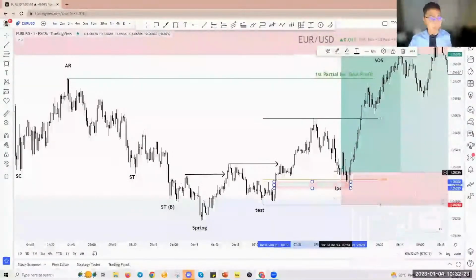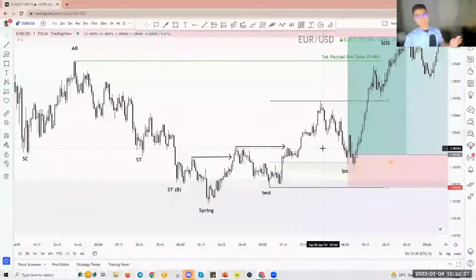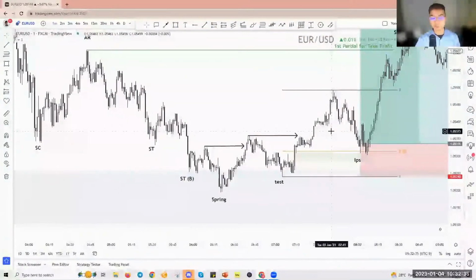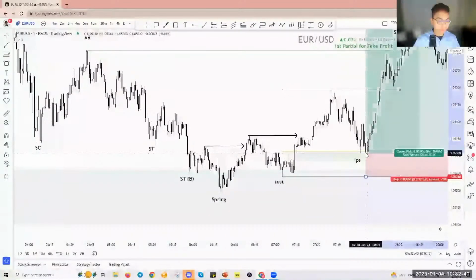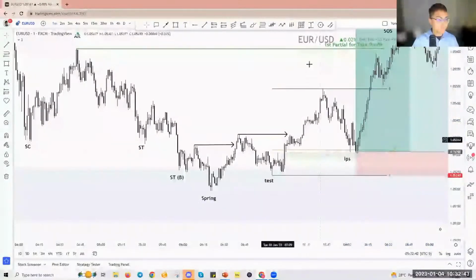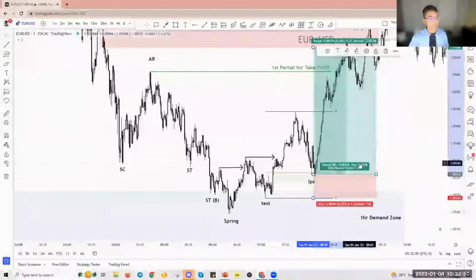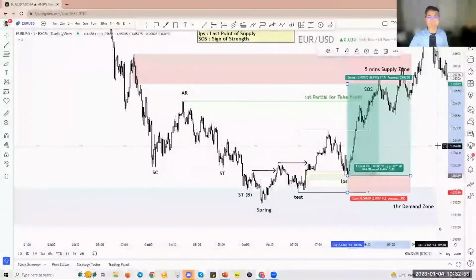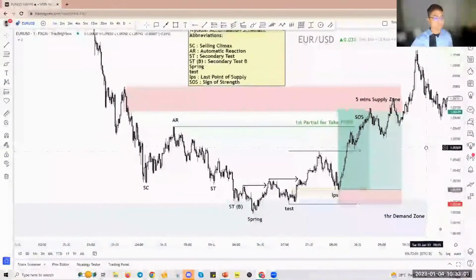This is called a fair value gap. You can actually enter there. Please do not think too much about all these fair value gaps, as this is not part of the Wyckoff schematic, but this is a way that I use to refine my entry. You notice that price tapped very, very nicely into that fair value gap, that market imbalance right there on the 1 minute chart. And that's how I can improve my risk to reward. So it becomes a 1 to 5.36 risk to reward. So yeah, that's how you can improve on it.